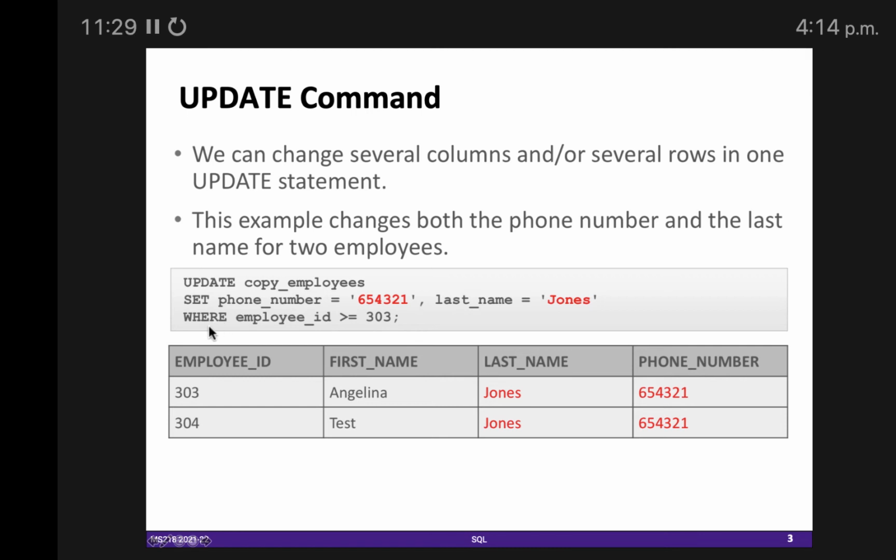For the condition we would say WHERE employee ID is greater than or equal to 303. So all employees who have employee ID greater than or equal to 303, their phone numbers and last name would be changed. And you can see here we have two employees having employee ID 303 and 304. That's why their new last name is now Johns and their phone number is 654321.